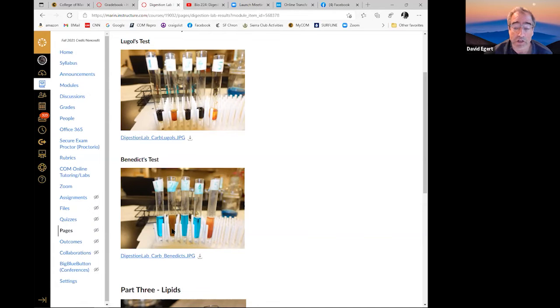You shouldn't just know this lab intellectually. You should also know the practical ways, like how did we know that starch was there or not, or sugar was there or not? So make sure that when you look at these pictures, you understand what these colors mean and why, how this helped give us information that we cared about.